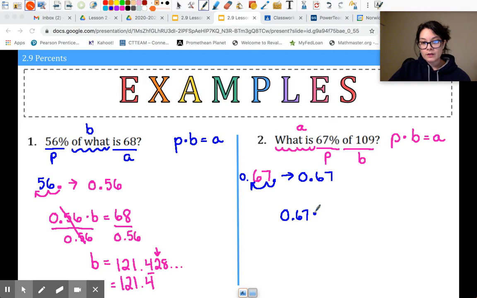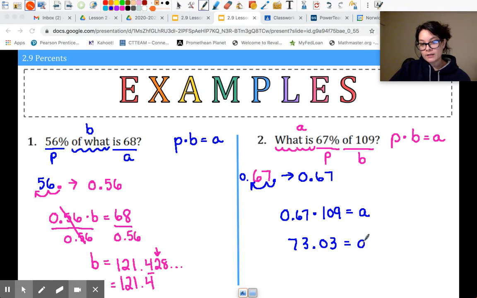0.67 times, I know my base this time is 109. I don't know my part. So here, to solve for my part, I don't need to use inverse operations at all. My variable's already isolated. I just need to multiply to get my answer. So 0.67 times 109 tells me that my part is 73.03.